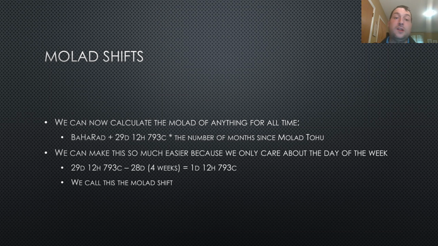But we're going to make this much, much easier. Each month, we can subtract 28 days, because remember, we only care about what day of the week it happened. So you subtract 28 days from 29 days, and you get 1 day, 12 hours, and 793 chalakim. Every month, the molad moves forward relative to the day of the week by approximately 1.5 days. We call this the molad shift.